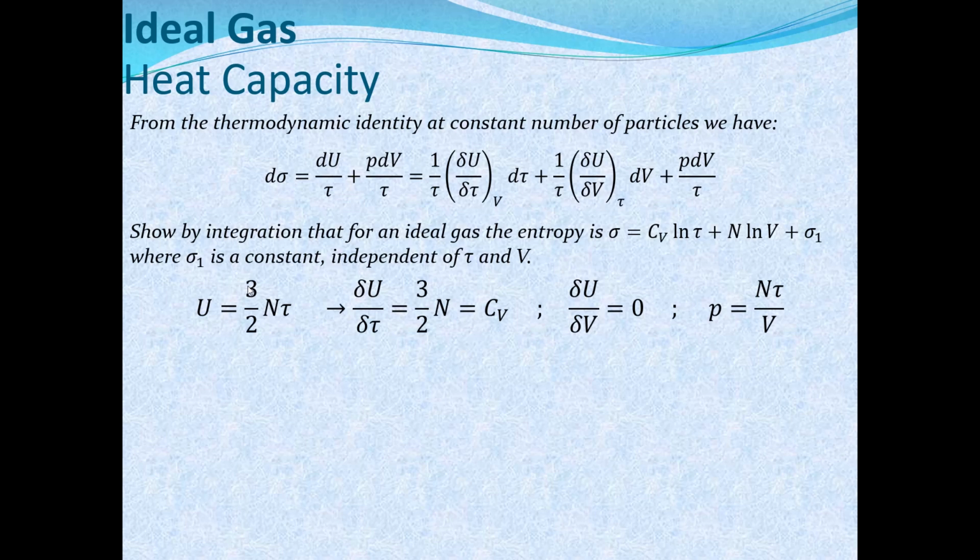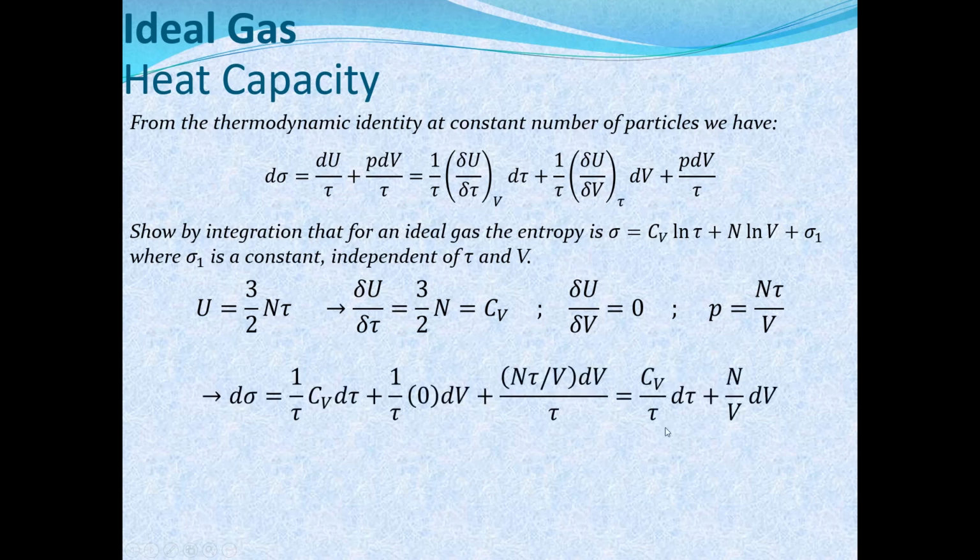But in this specific case, since the temperature is constant and the number of molecules is constant, if I take the partial with respect to volume of this equation, it's just zero. And then for this, I'm going to replace the pressure with n tau over V. Or you could have also just replaced P over tau with just n over V. Either way, you'll end up getting the same answer.